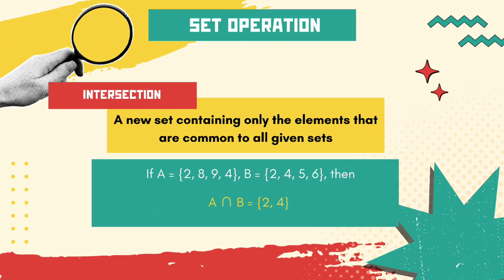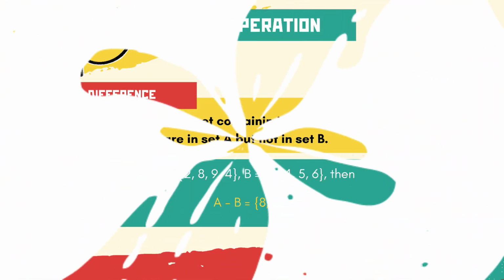The second is intersection. Intersection is a new set containing only the elements that are common to all given sets. For example, if A is a set with elements 2, 8, 9, and 4, and B is a set with elements 2, 4, 5, and 6, then the intersection of A and B is 2 and 4.